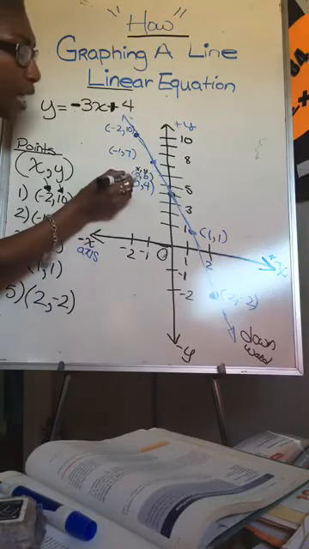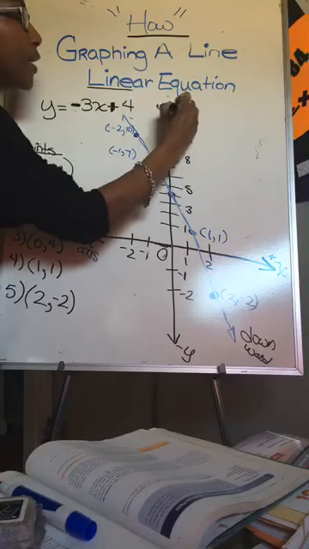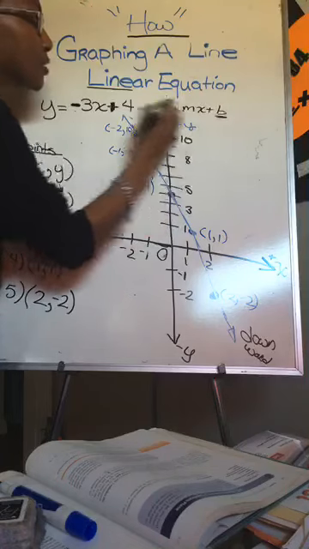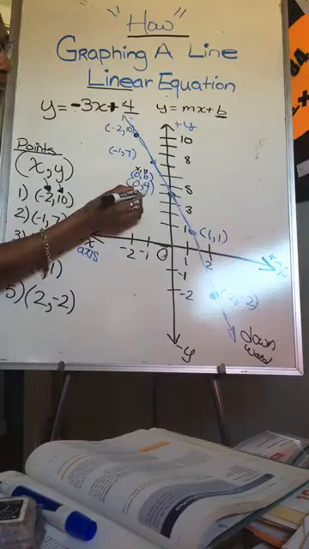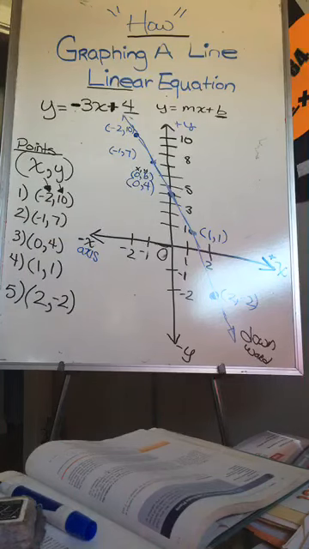Okay? So when I label this as 0 comma b, this is y equals mx plus b. So 4 is your b. And we don't have an x value, so we have to put 0 in that location.